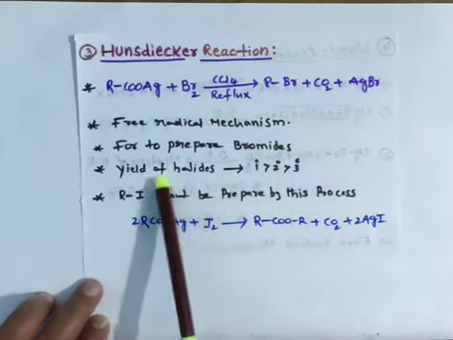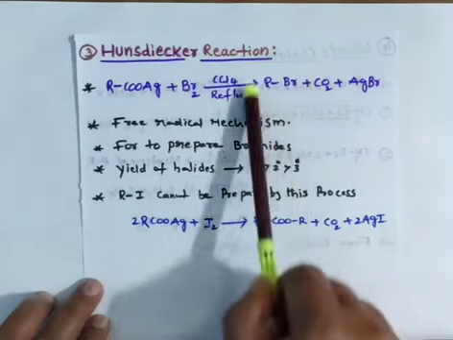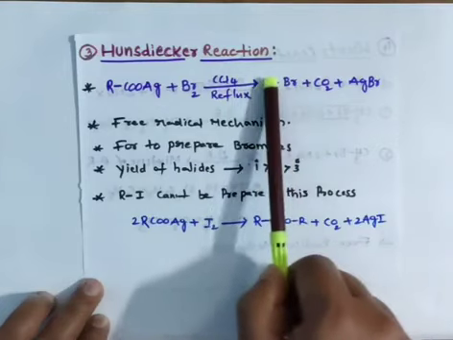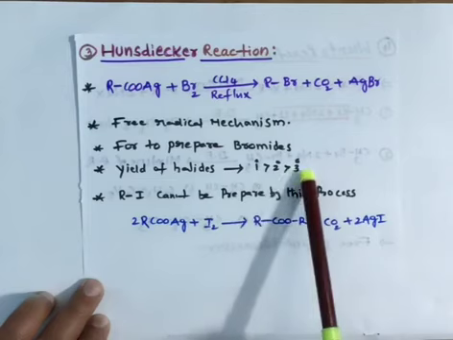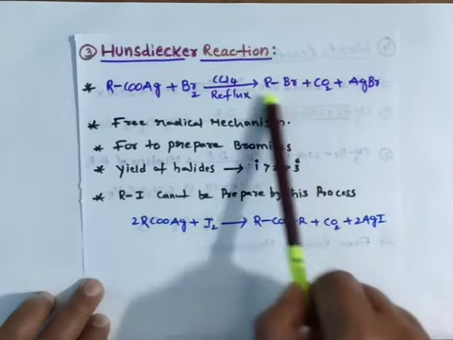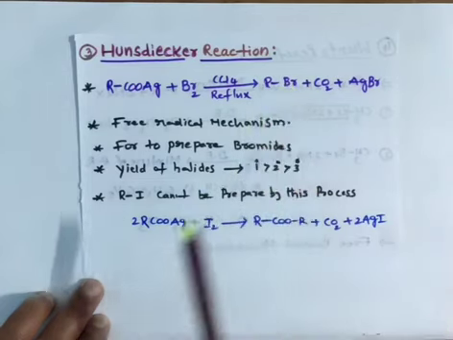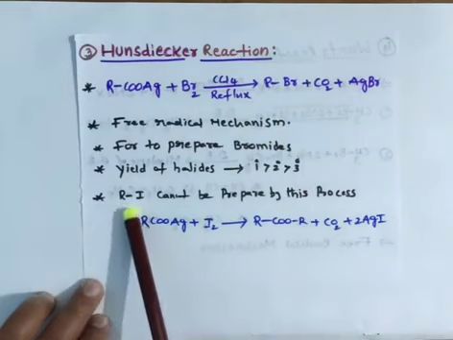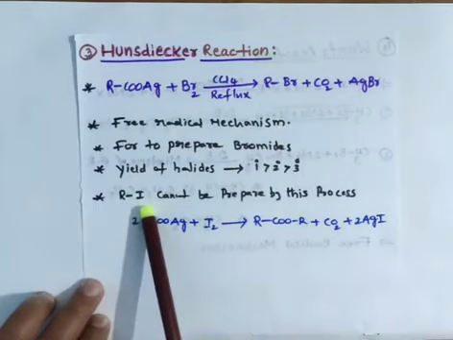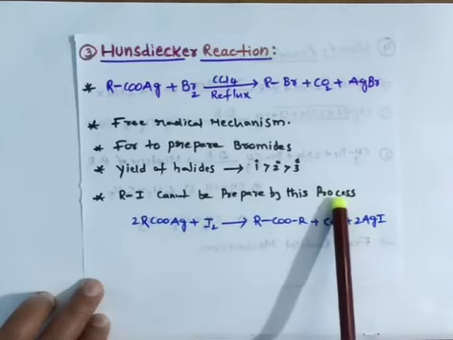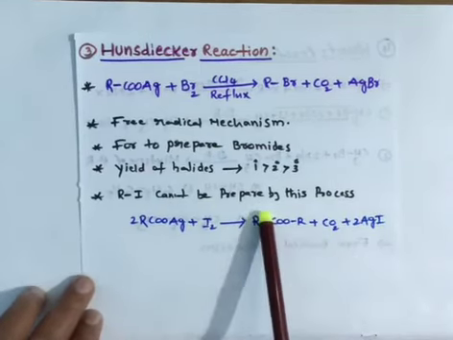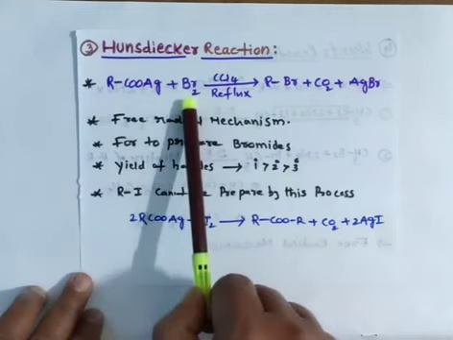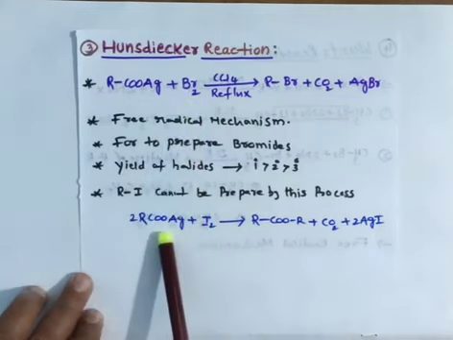And the yield of halides: 1 degree is greater than 2 degree, 2 degree greater than 3 degree. So 1 degree alkyl halides can be prepared easily. And by this method, iodides cannot be prepared. Clear? If you take I2 here, then what are you getting?